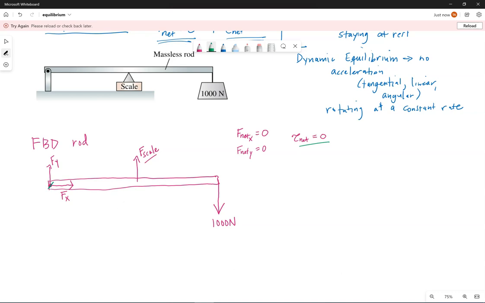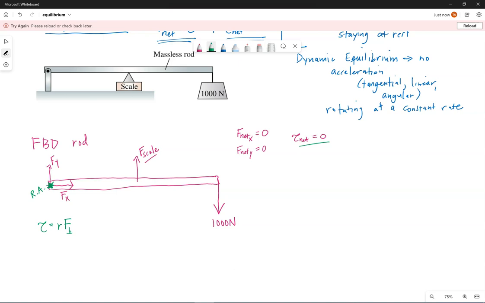I highly recommend choosing the rotation axis to be at a location where you have an unknown force or your most unknown forces. So when I set up my torque equation, I'm going to write it based off of the left end where that pin is located. I'm going to represent that as my rotation axis. And the reason why, if we remember, torque is R, the lever arm, times the perpendicular component of the force.